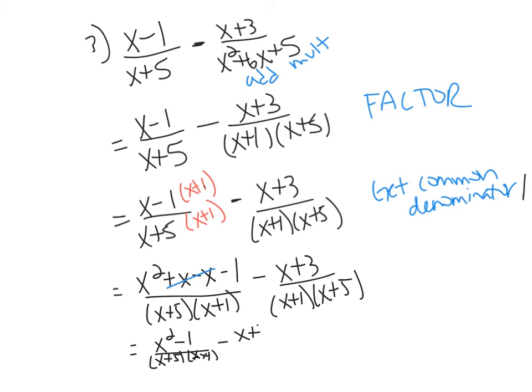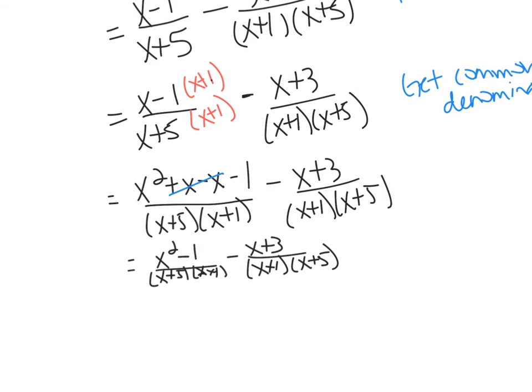Again, minus x plus 3, again over our common denominator, x plus 1 and x plus 5. Okay, now that I have common denominators, I can subtract my numerators. So I have x squared minus 1. Here's the tricky part, minus parenthesis x plus 3, all over the common denominator of x plus 5 times x plus 1.